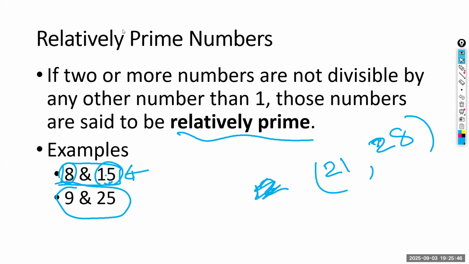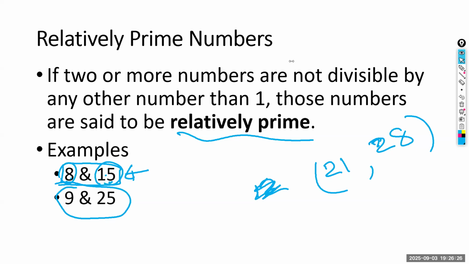Relatively prime means no number other than one will divide both of these. If you say those are not relatively prime, you need to give a reason. If you say relatively prime, you don't need to give a reason, because that means no common factor.